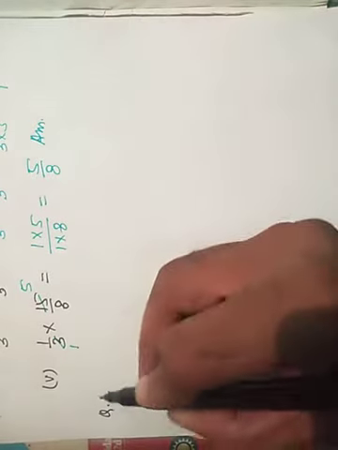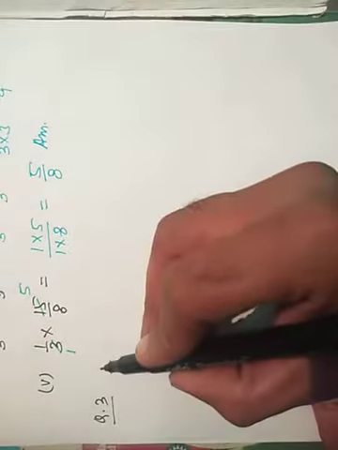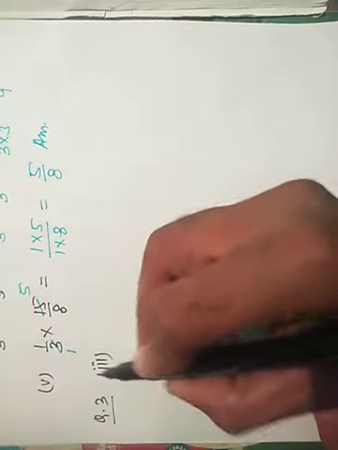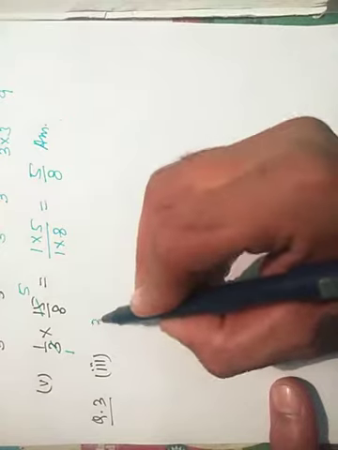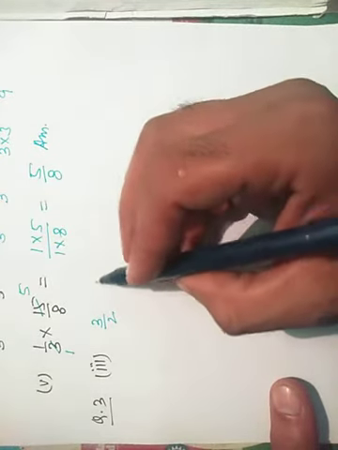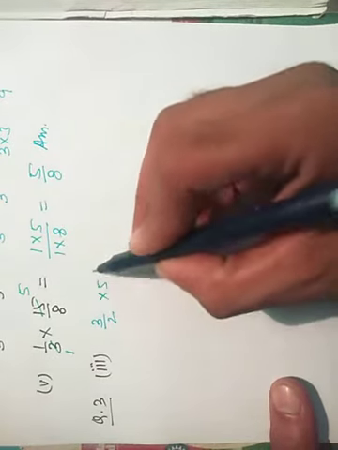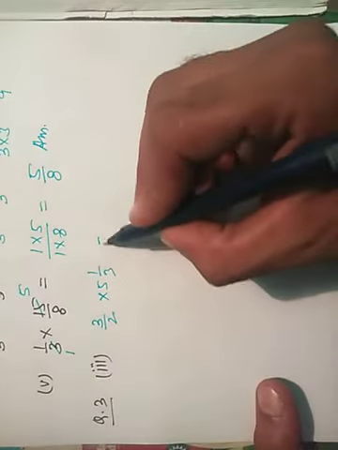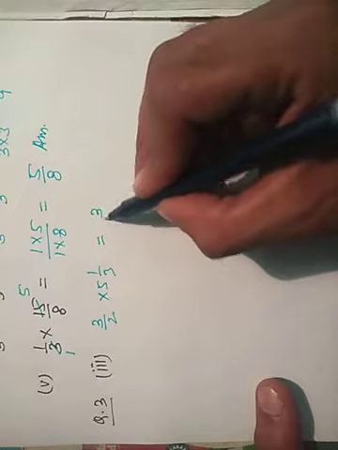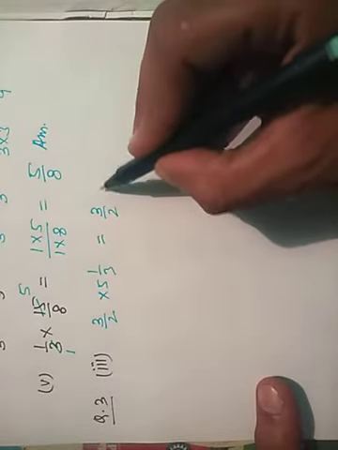Question number third, and we are going to discuss the third part of the third question. The third part is given 3 by 2 into 5 1 by 3, and we have to first of all convert the mixed fraction into an improper fraction.